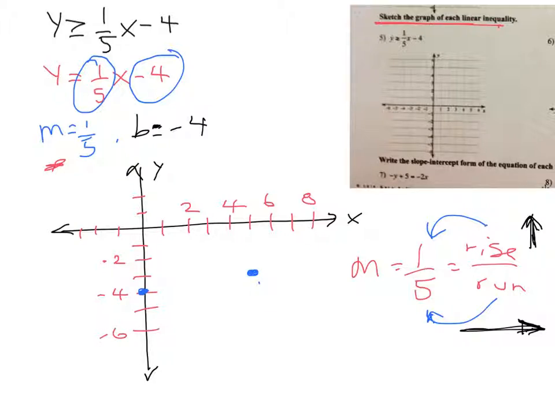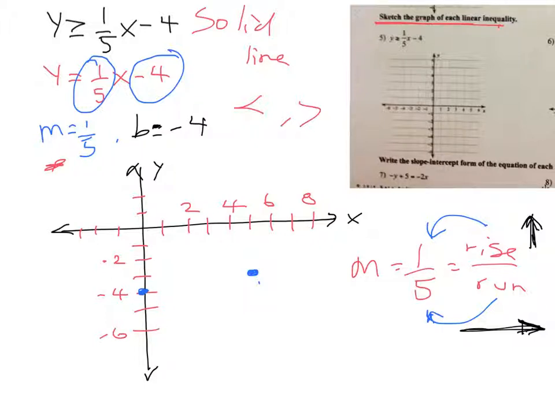Before I draw the line, I need to go back and check the inequality symbol. If the inequality symbol has an equal underneath, which in this case it does, it is going to be a solid line. If by any chance the inequality symbol is less than without the equal underneath, then your line will be a dashed line.